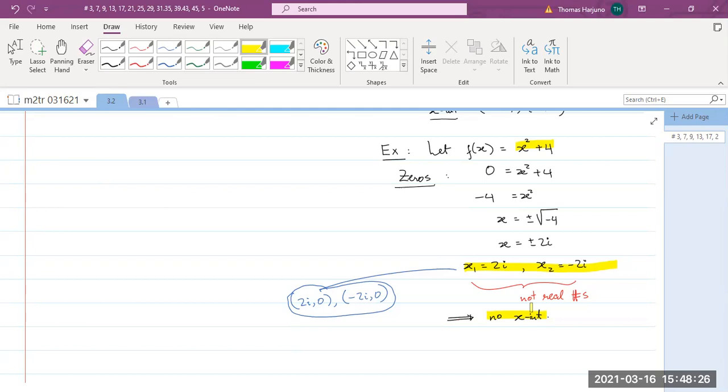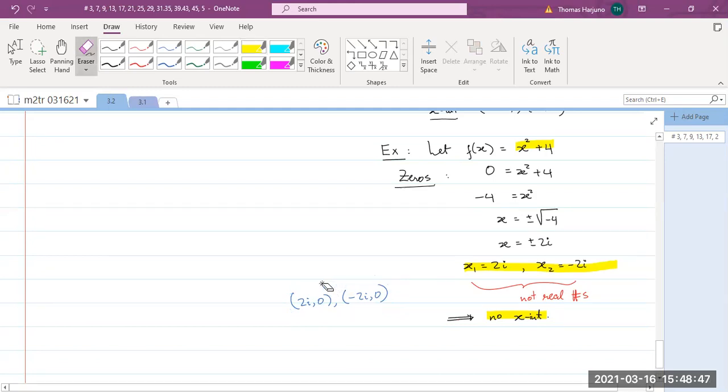No, you don't change your goal. You don't change what you said earlier. You should not say it that way if that's not what you mean. The zeros are not the same as x-intercepts, therefore they should not be written as zeros.